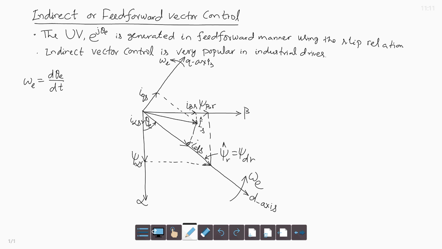Then we also have a rotor axis. This is the dr axis fixed on the rotor, so that it is moving at speed omega r, and the angle between the alpha and dr axis is theta r, and the angle between dr and d axis is theta s l.